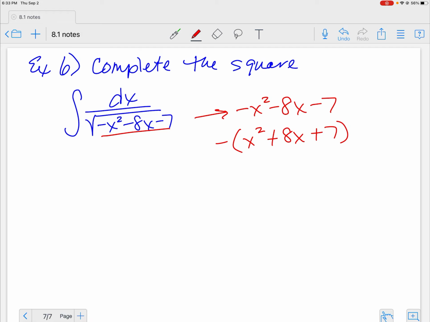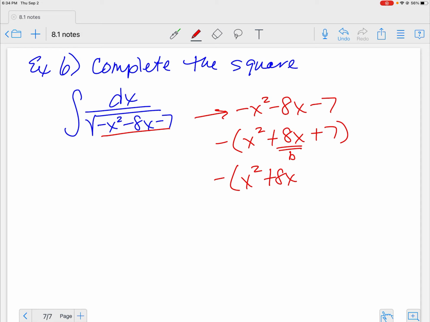Now, if you remember back to completing the square, you are going to turn this x squared plus x, using this b value here, into a perfect square trinomial. So I have this x squared, and then here I have this plus 8x.